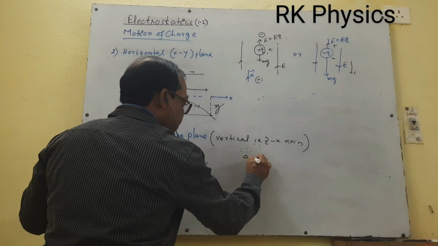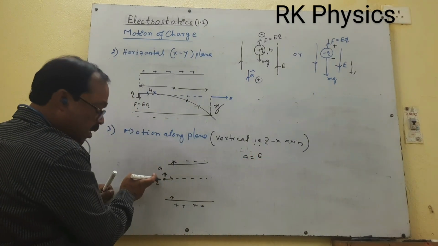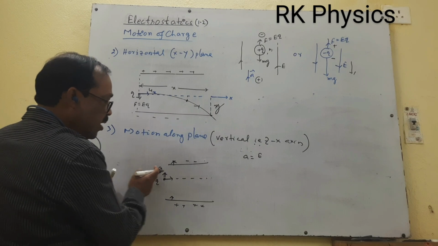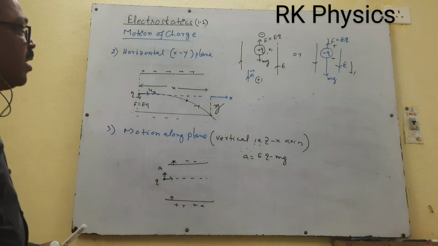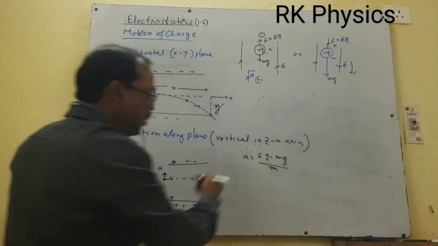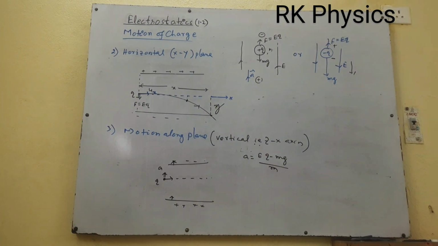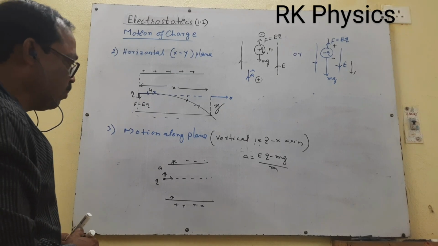What is a? You will get a along the upward direction in this figure. a equal to EQ minus mg, divided by mass, that is, total net force divided by mass of the system.